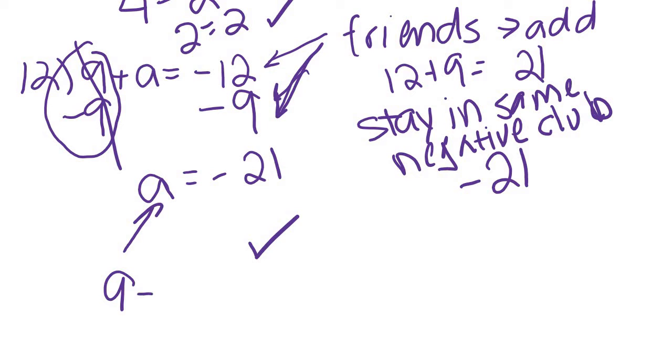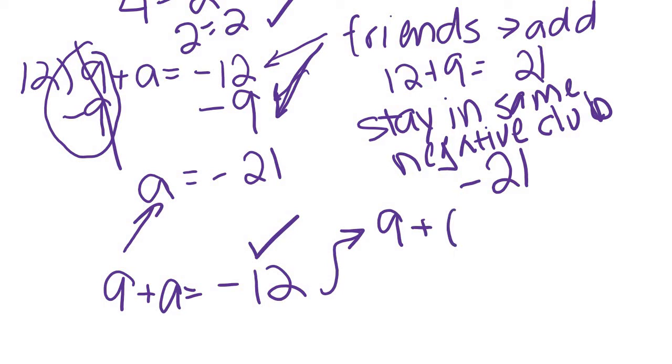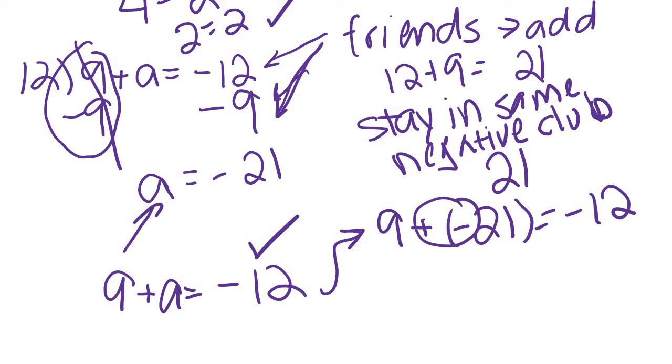So we have 9 plus a is equal to negative 12. This becomes 9 plus negative 21 equal to negative 12. You know I don't like this. Two different signs together make a negative. Always.